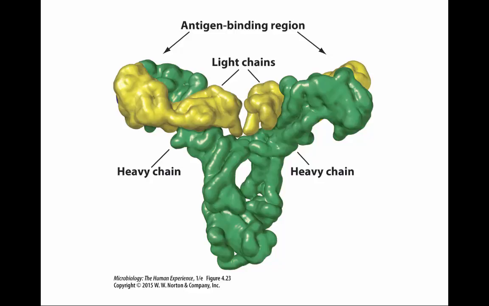Quaternary structure is when more than one protein comes together to make a larger complex. Here you see in green one polypeptide chain, and in yellow another polypeptide chain. So two different tertiary structures come together to make a complete molecule like this immunoglobulin, or antibody, molecule.